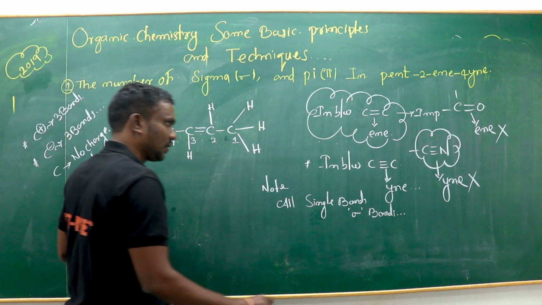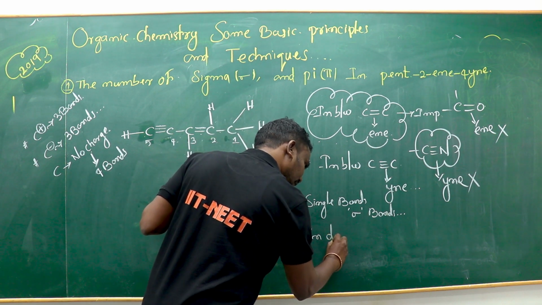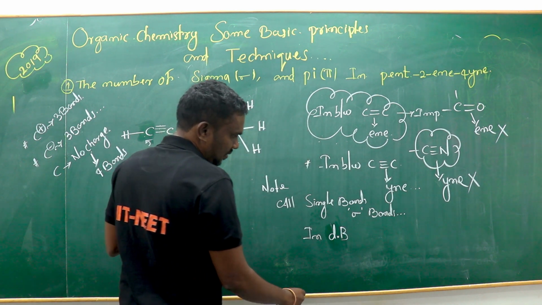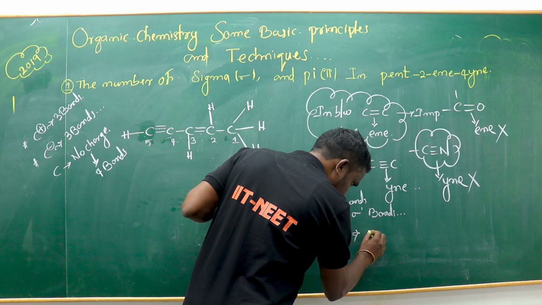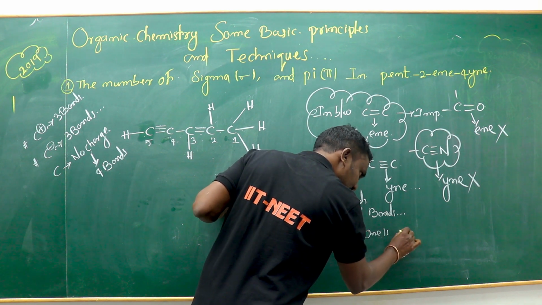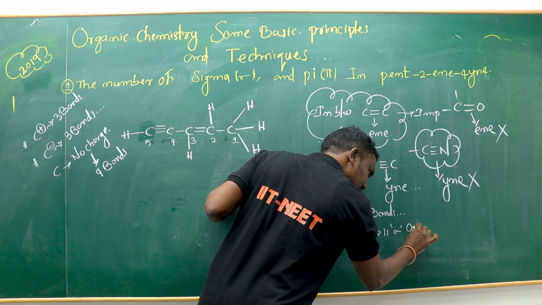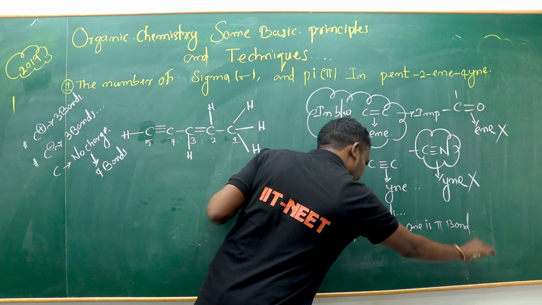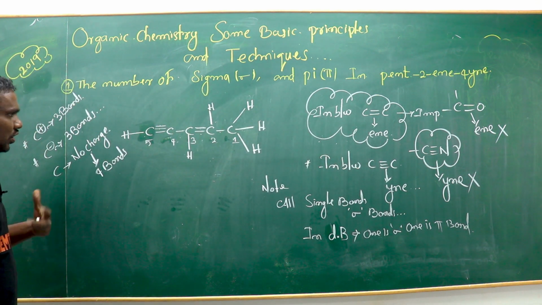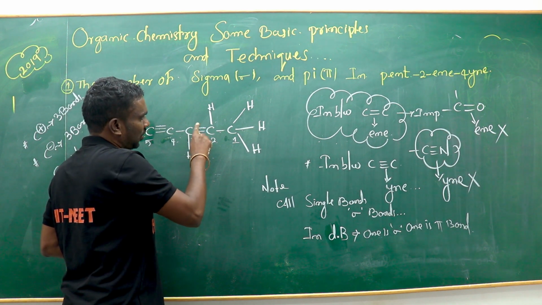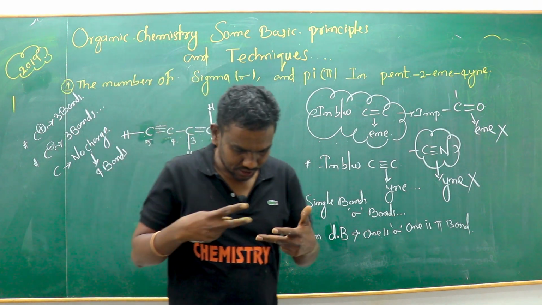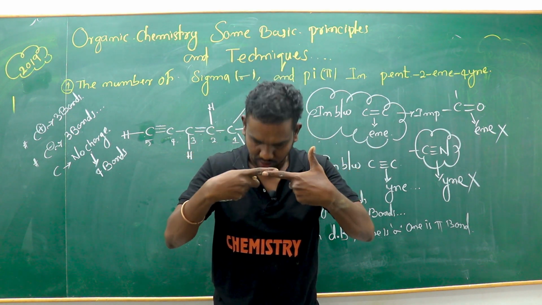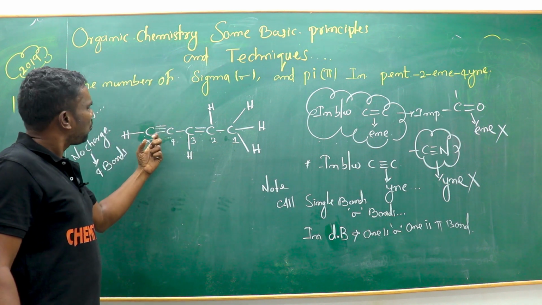And in a double bond, db, write it completely, beta ji. In a double bond, one is a sigma bond, one is a pi bond. So what I want to say is, in a double bond between carbon and carbon, one is a sigma bond, one is what? Pi bond, right?